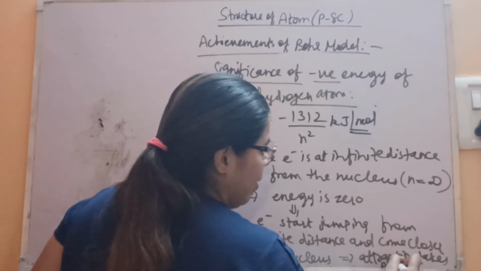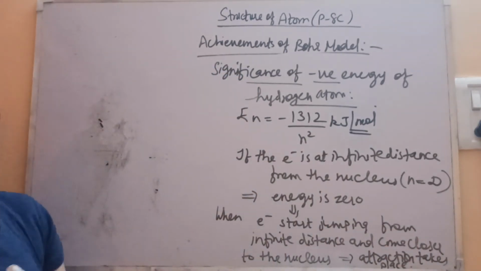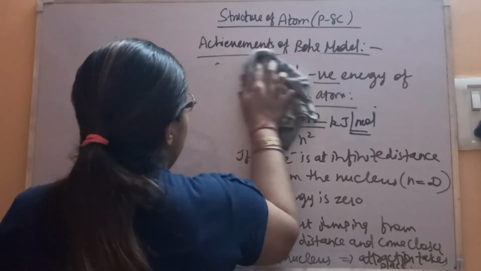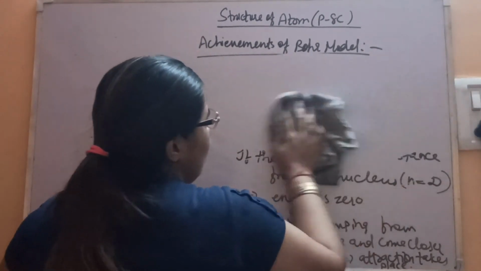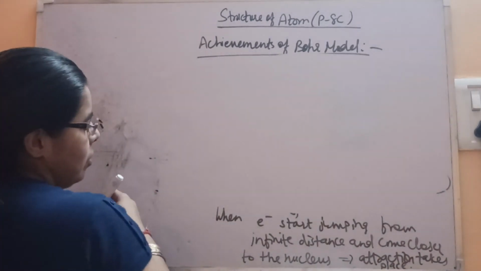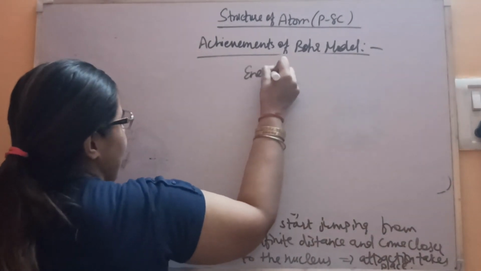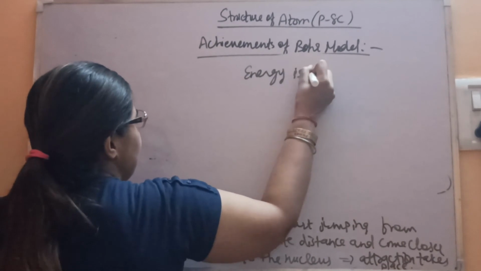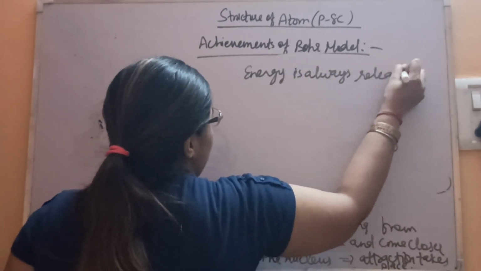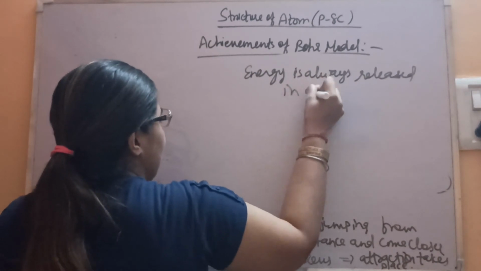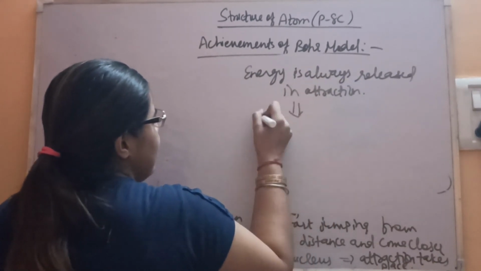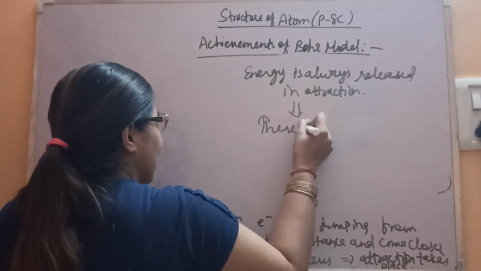And whenever attraction takes place, energy is always released, because we know that whenever any bond is getting formed between two species, energy is always released. So energy is always released in attraction.